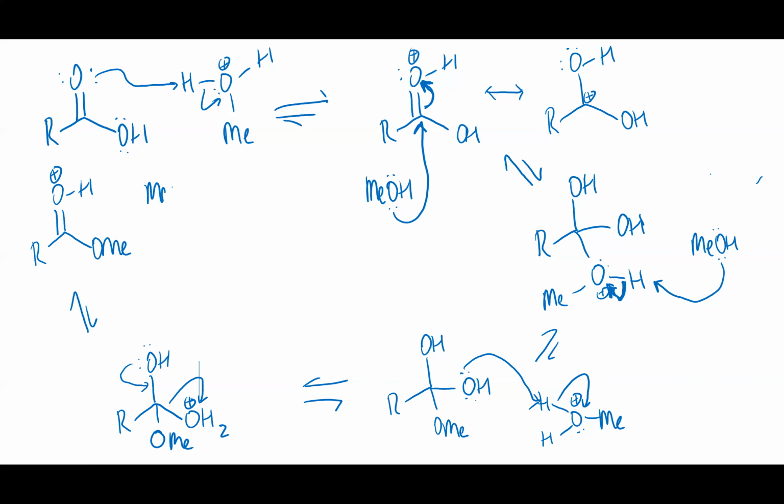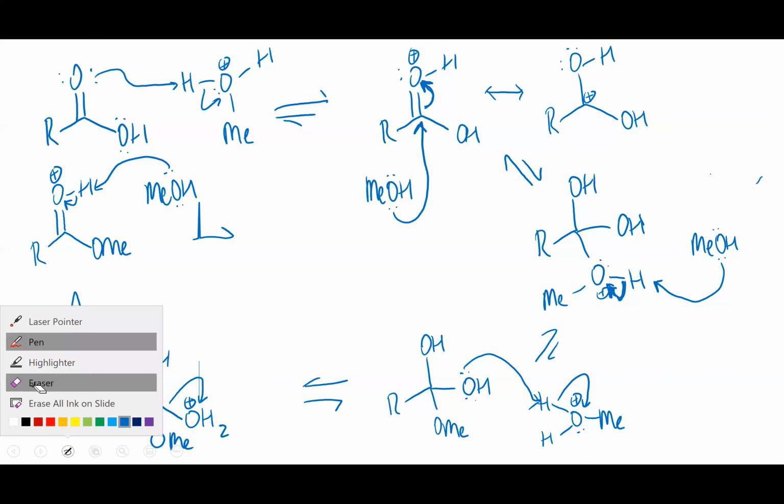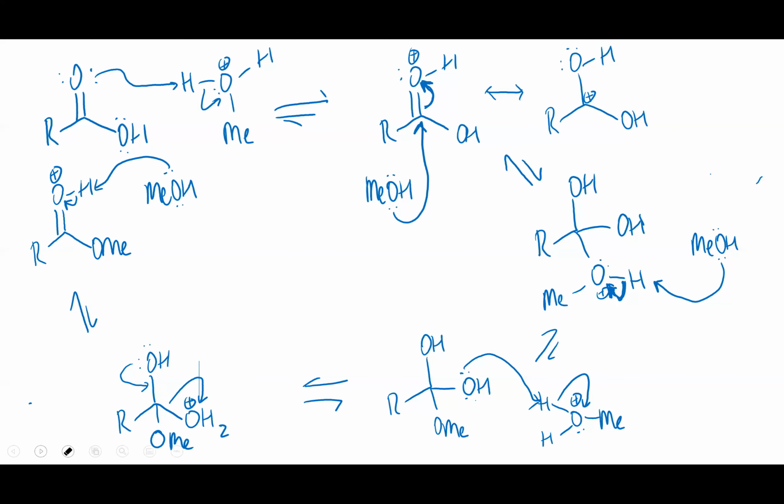And then the last step is another deprotonation. So methanol, another molecule of methanol, or the water we just lost can act as a base. Not sure what's going on today with these glitches, but let me clean that up a bit. And then we get our desired ester at the end.